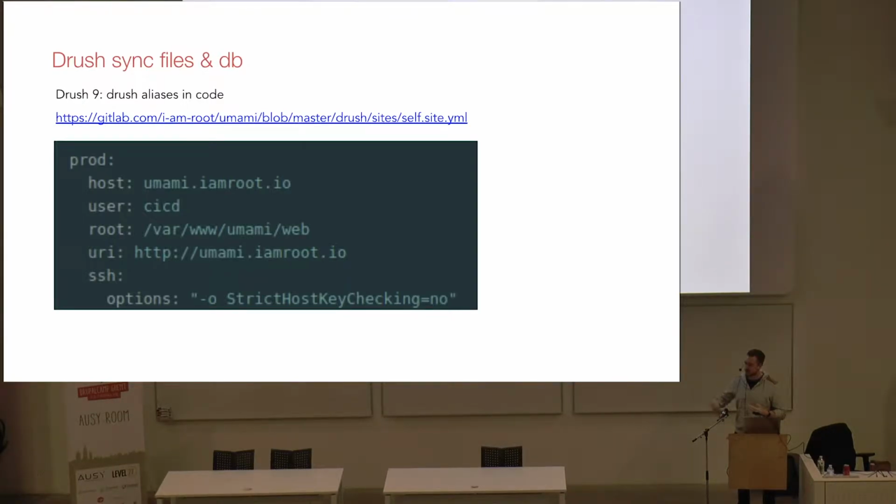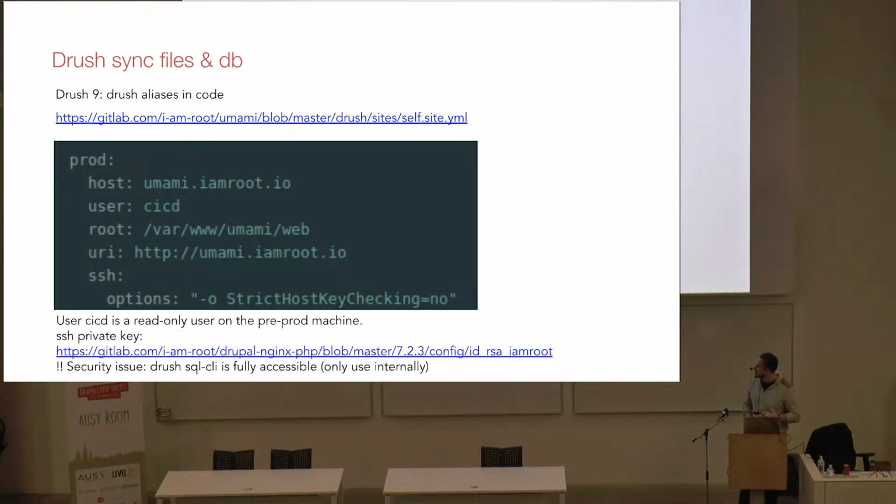So I'm always using the same user to go to my production website. Now, of course, this one is read-only on the machine, but when you have access to Drush, you have access to the complete SQL database. So it has a bit of a security issue. Because of this, I will remove the access that I have in my machine after the session, so you cannot access it.